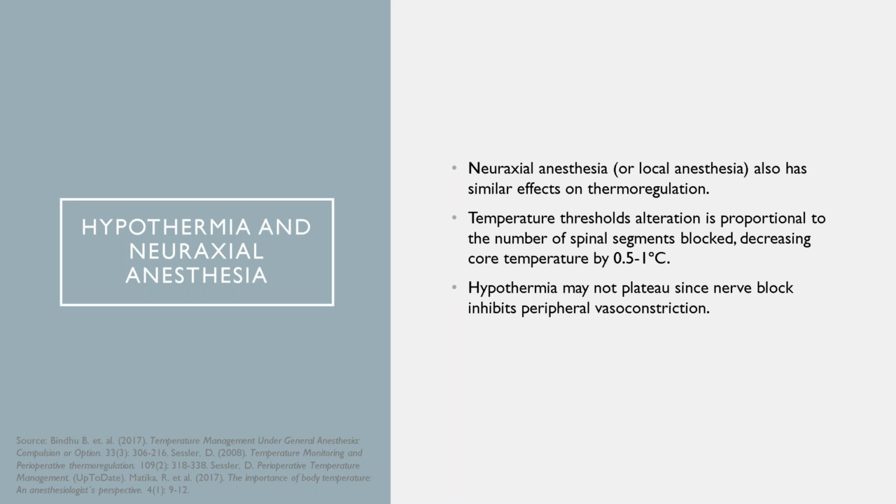Not to say that neuraxial anesthesia or regional anesthesia is not extremely helpful in an ambulatory setting. It obviously is, but it's an underappreciated concept because the very definition of what you're doing is you are blocking, for the duration of your block, the ability of the body to vasoconstrict in those tissues that you have blocked off.